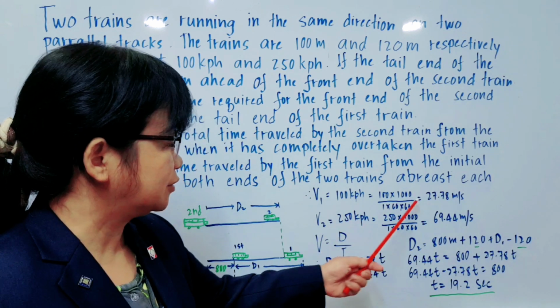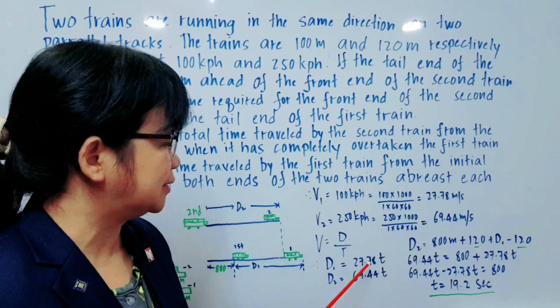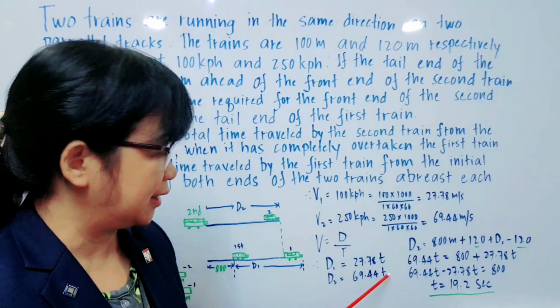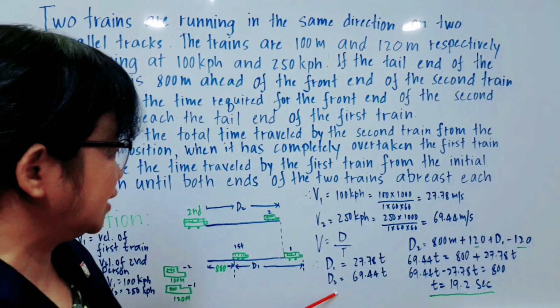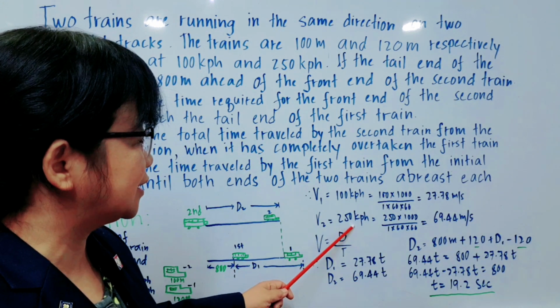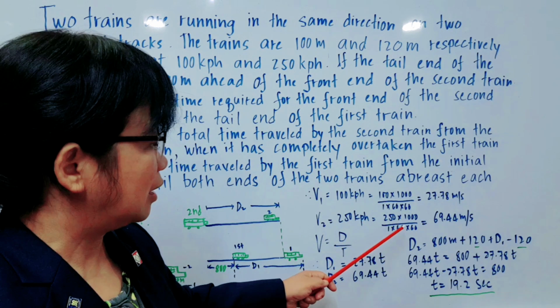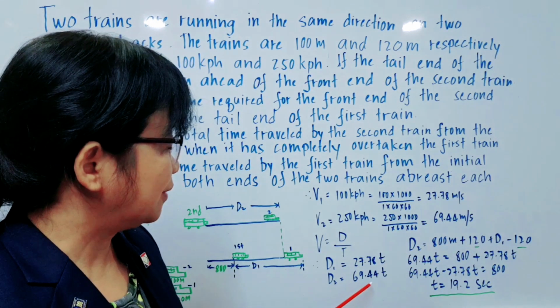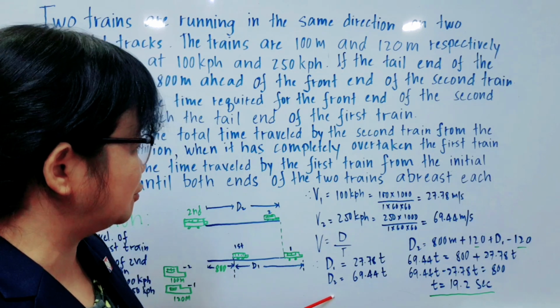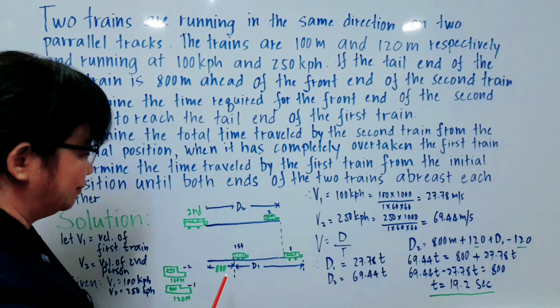So the velocity 1, which is 27.78 times the time, is the distance 1. And D2, for the second train at 250 km per hour, 69.44 meter per second, multiplied by the time, is the distance 2.